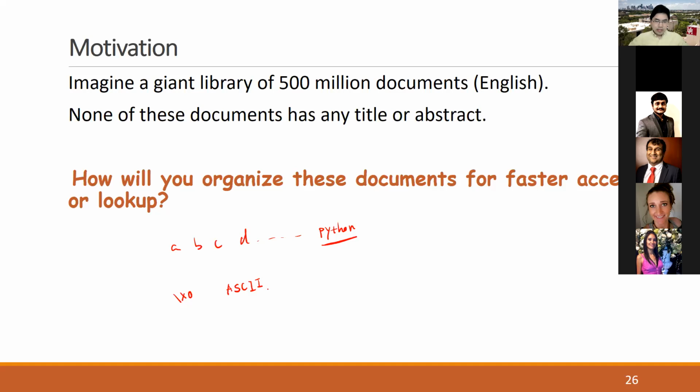How would you extract these documents to return relevant results for a given search query? What are the things that jump into our mind? Let's have a little discussion here. So just think wildly. If you know library science, you're in a bit of an advantage here, but I'm not from a library science background, so I know nothing about that.